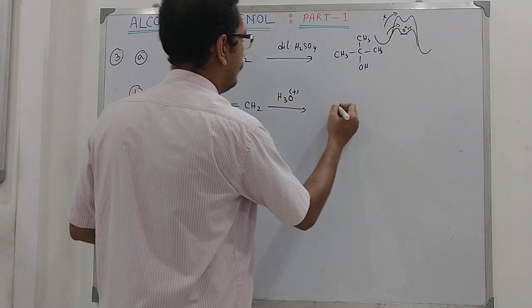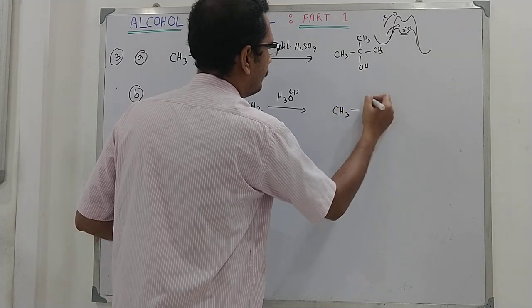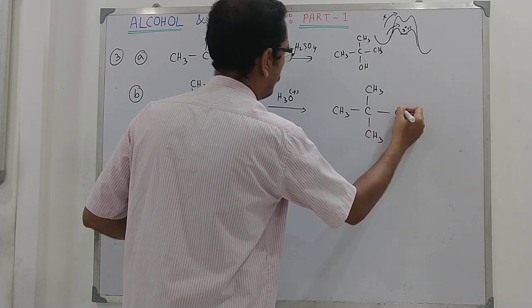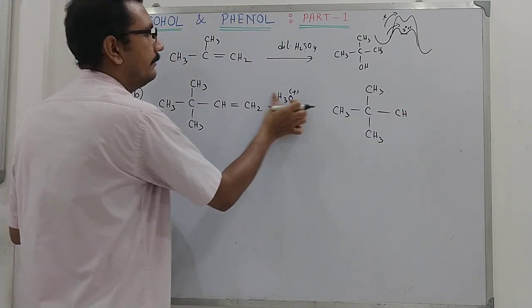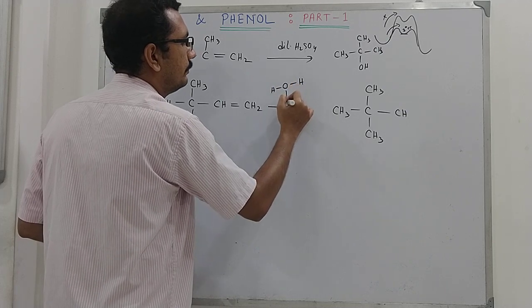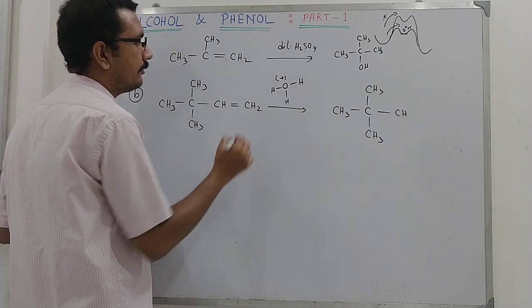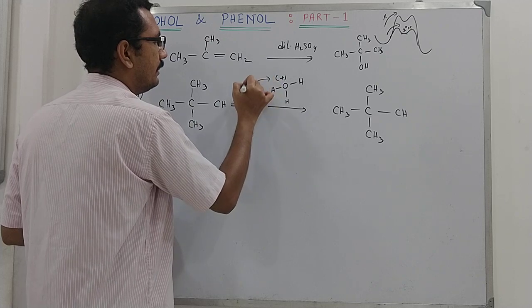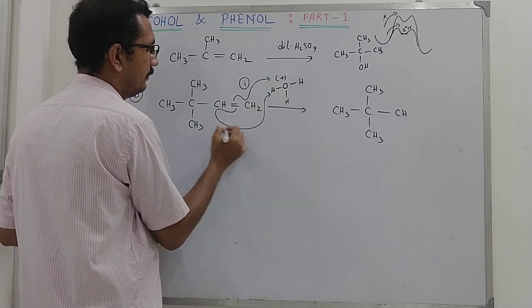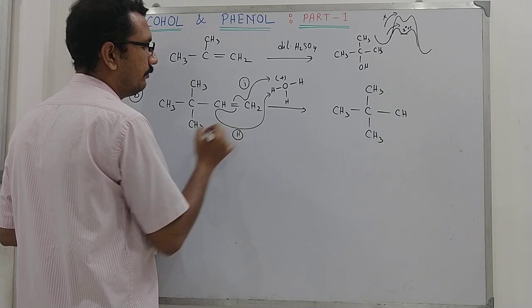Now what will you get first? First see, like before, there are 2 sites for electrophilic attack. One is this one, say this is path 1, and one is this one, say it is path 2.